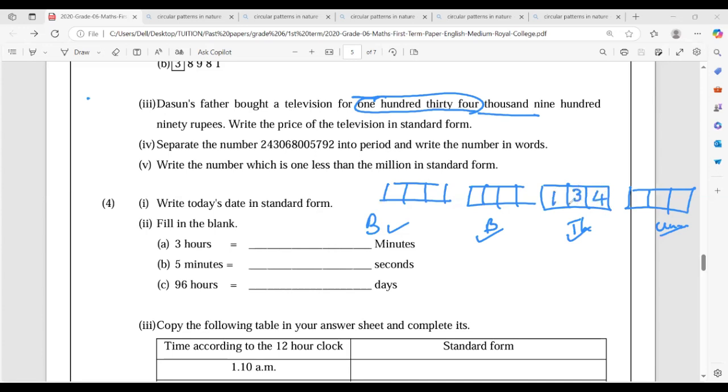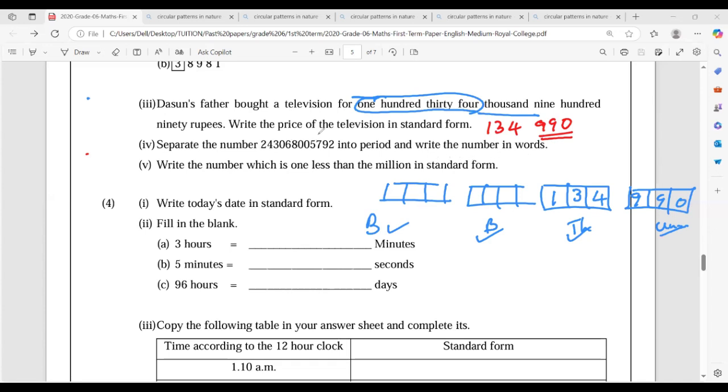I write just 134 in the thousands period, and 990 rupees. So finally, you can write it in standard form, just like this: 134, and a space, 990. This is equal to 134,990.